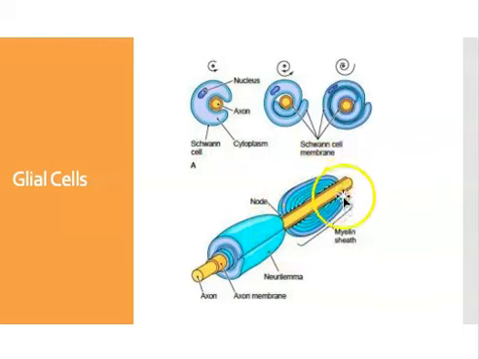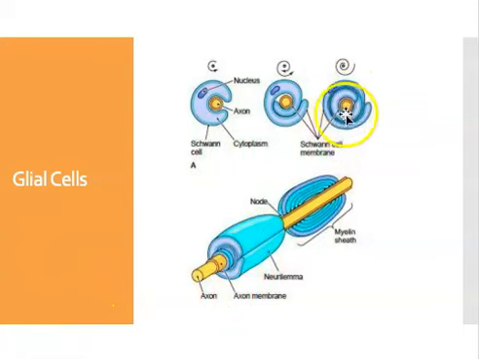Right here, they've cut it in half so we can peek inside and see that it's actually produced in layers. This is the area in between this sort of mound of myelin and this mound of myelin. This is that unmyelinated area called a node or node of Ranvier.